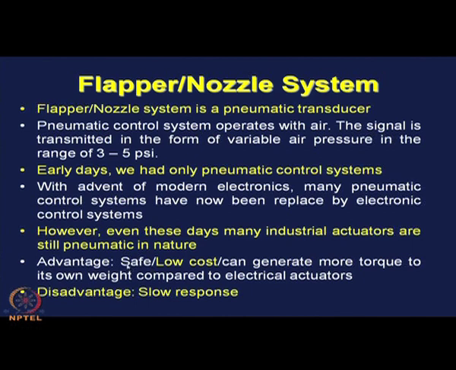They are very safe because you handle air only. It is cheap. It also generates more torque to its own weight compared to electrical actuators. However, the disadvantage of pneumatic control systems is its slow response.